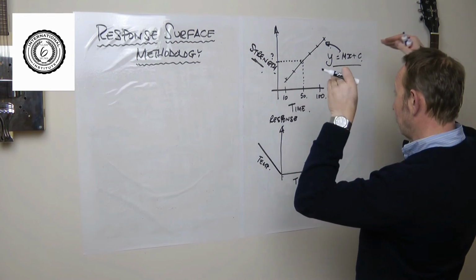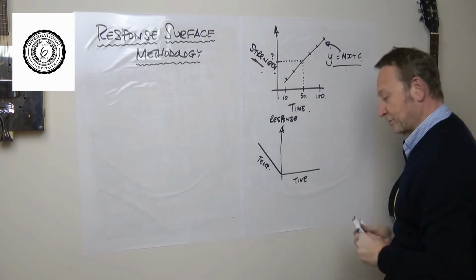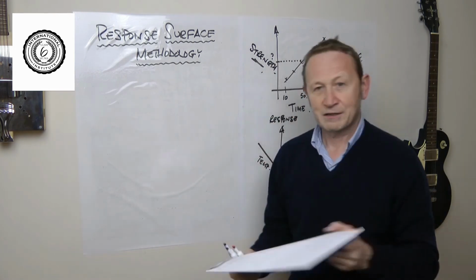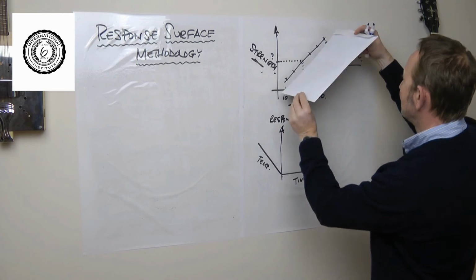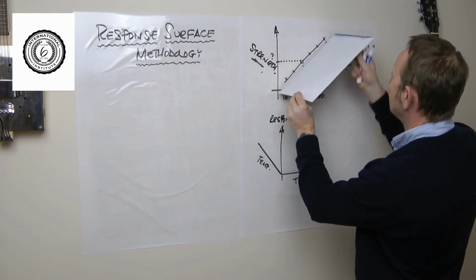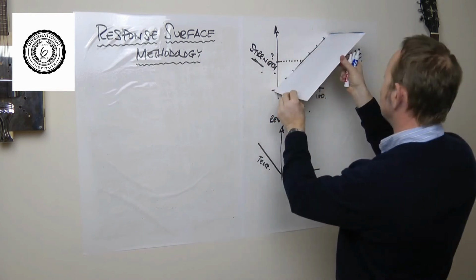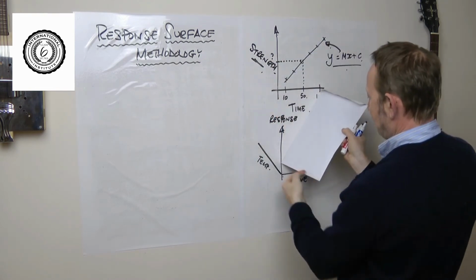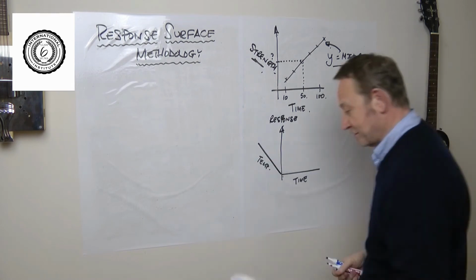So imagine now this line starts to go backwards. Instead of being a flat line, it's now a plane. If I just tilt my head, I can now see this effect going in this direction, which is caused by the temperature.